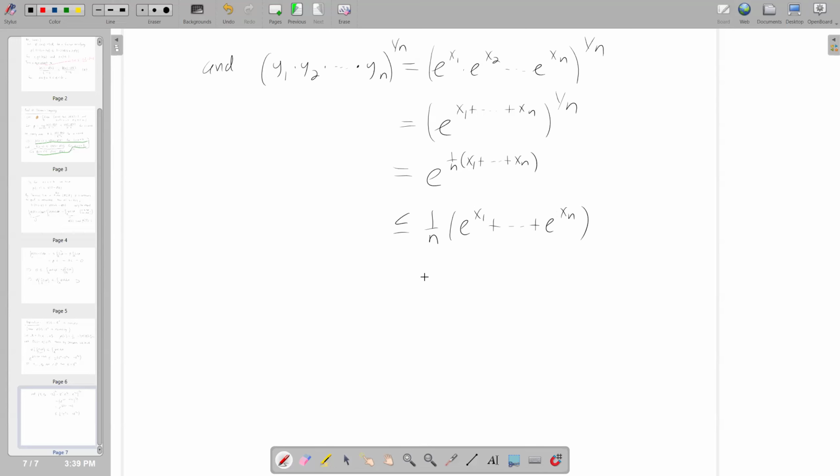And that's now the same as the sum of the y's, y1 plus y2 all the way out to yn. So this is the AMGM, arithmetic geometric mean inequality. Okay. So this is actually a pretty cool proof of that.